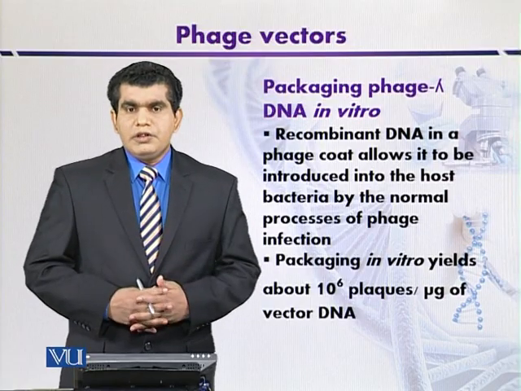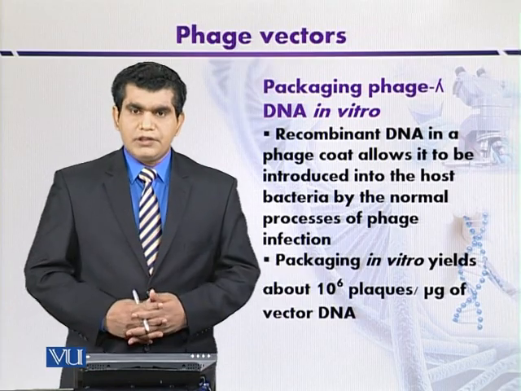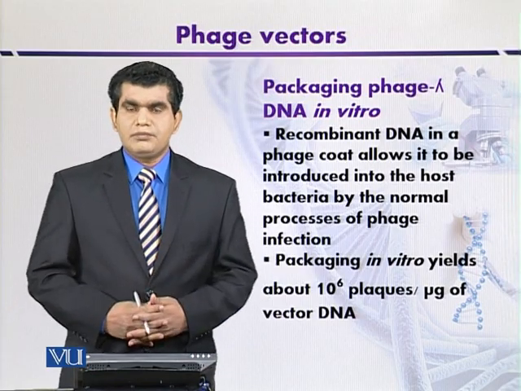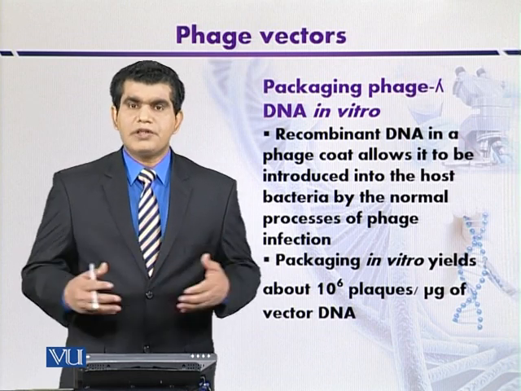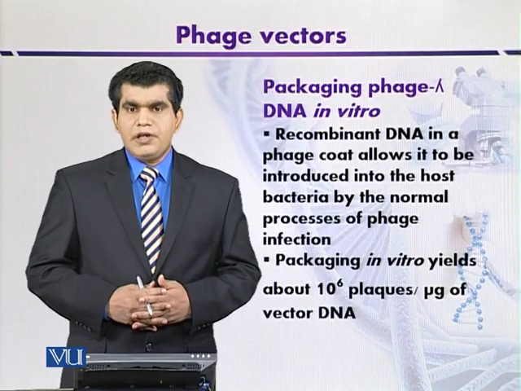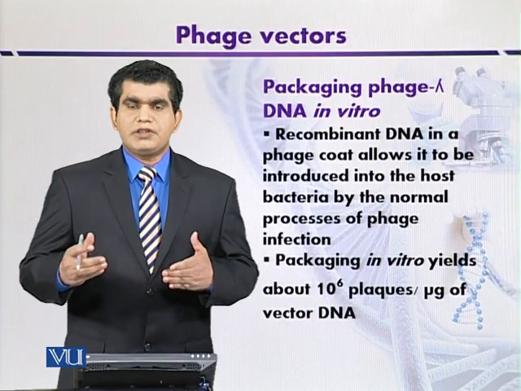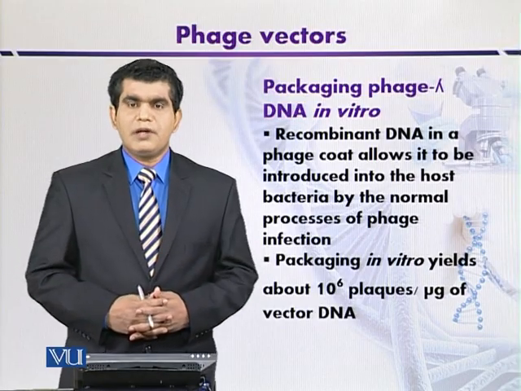Naturally, if we use a lambda genome which has not been modified, a wild type, to infect host organisms like E. coli, then the plaques may be up to 10⁶ plaques per microgram of lambda genome.